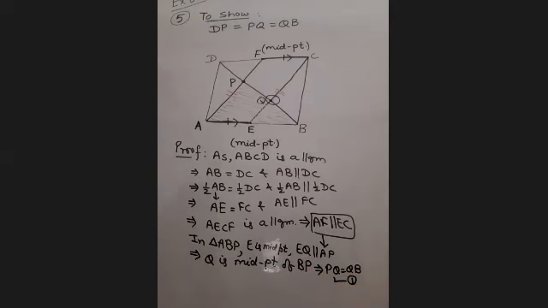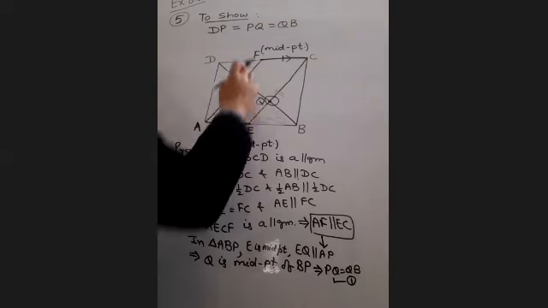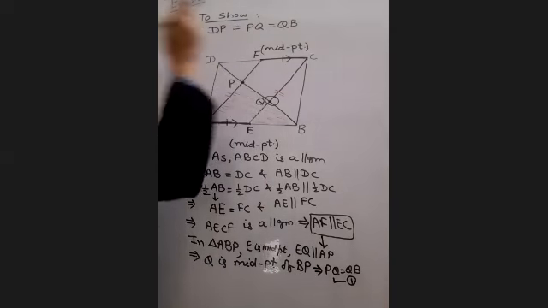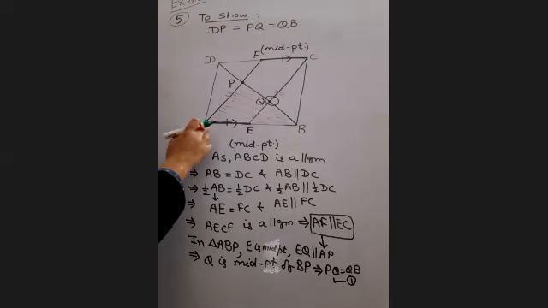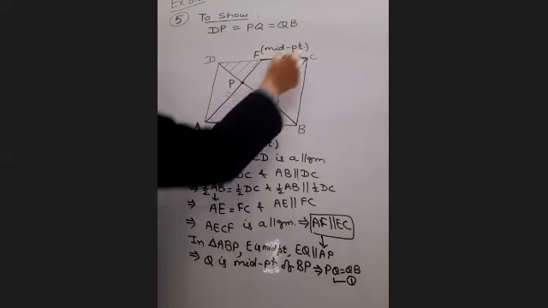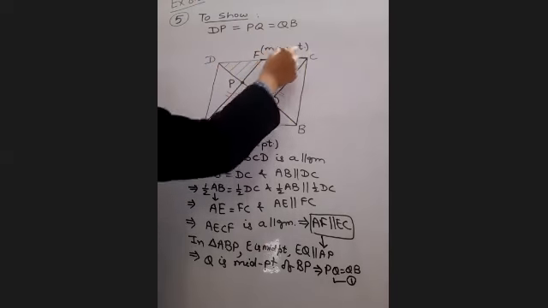Now children, let us consider another triangle in which F is going to be the midpoint. F should be the midpoint. DCQ, or CQD, one and the same thing.